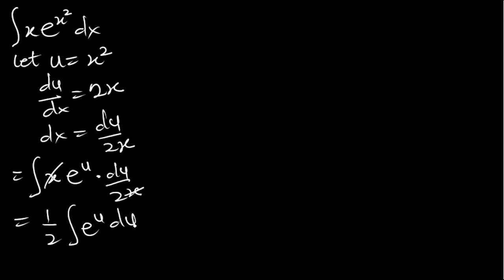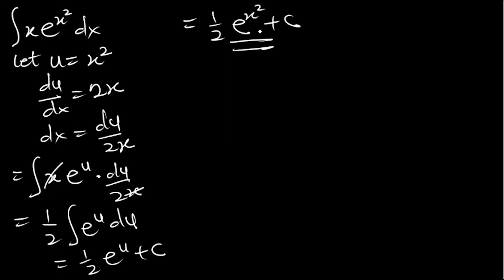The integral of e^u du, and you know how to go by this, which is 1/2 e^u plus c. Then straightforward, we can get our integral to be 1/2 e^(x squared) plus our c, and this will give us the integral of this function.